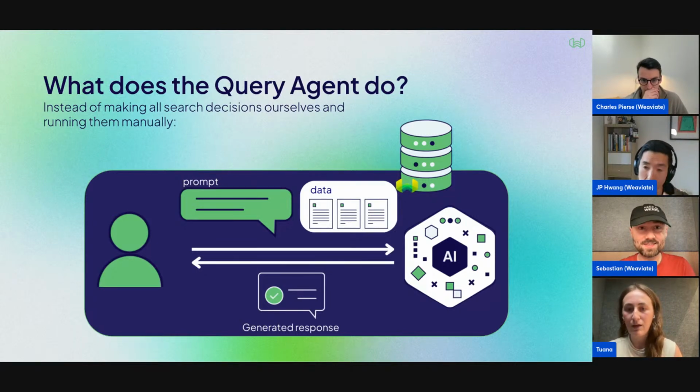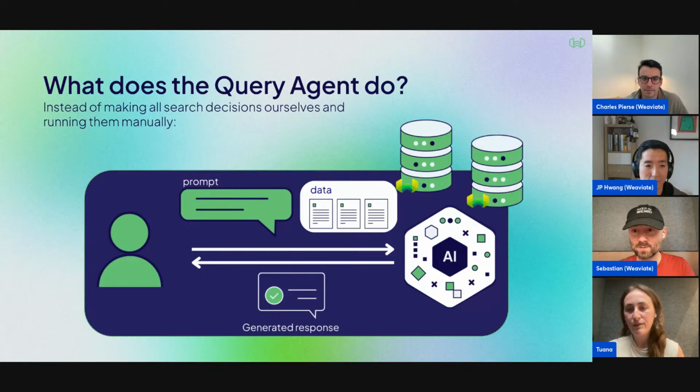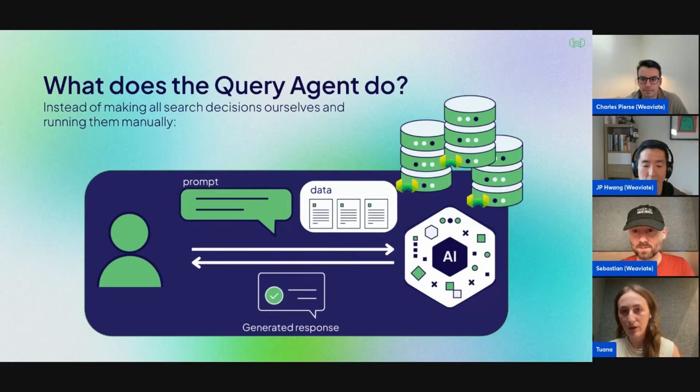So this might be a Weaviate collection. And then we ask a large language model and it generates a response to that user's query. Now, this is all great, but the problem is that the information we're after might reside in multiple locations, and in the Weaviate world, this might be multiple collections. This is where the classic approach of RAG might hit a bit of a brick wall.